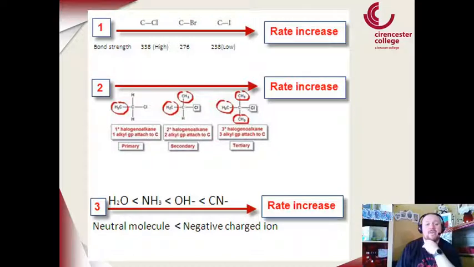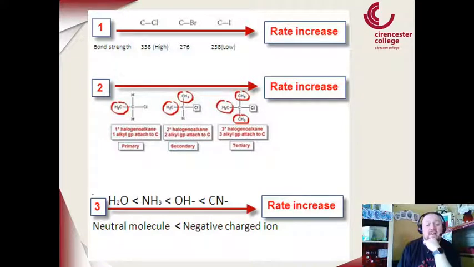So if we have a look at this, the bond strength is lower going down the halogens, and therefore the rate increases going down the halogens. If we have a look at whether they're primary, secondary, or tertiary, what we find is that the primary is hardest to break and the tertiary is easiest to break, with the secondary being in the middle.